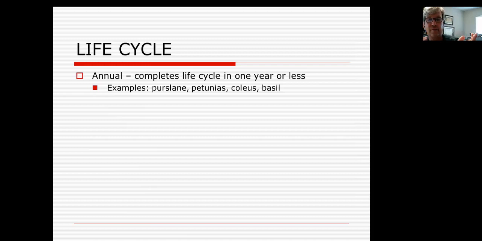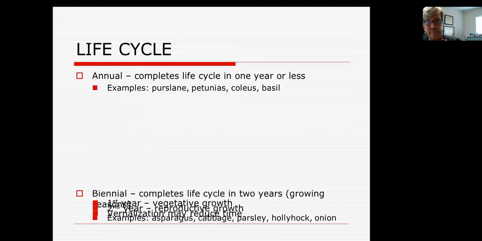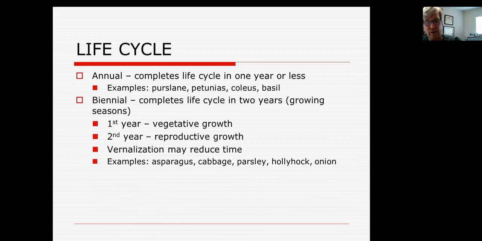Examples of that are a lot of those things that we go to the nursery and buy, those flowers, the purslane, the petunias, the coleus, basil, things like that, will all complete their life cycle in less than a year. And depending on where you live, it's going to die when it gets cold. A biennial actually has two distinct growing seasons.